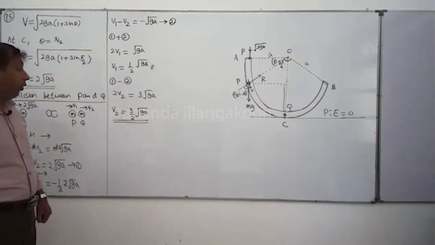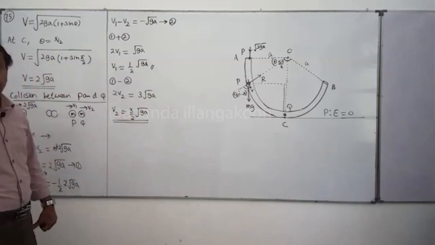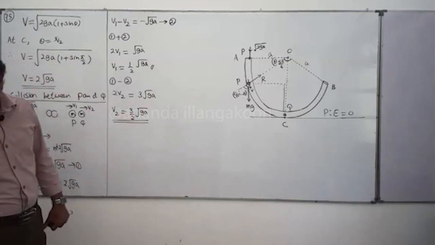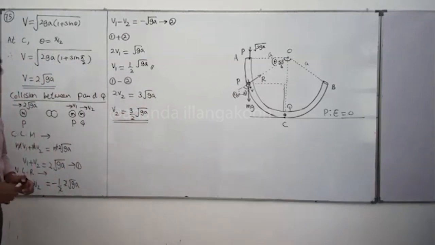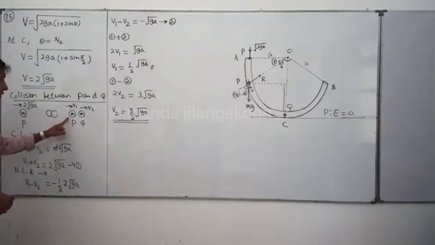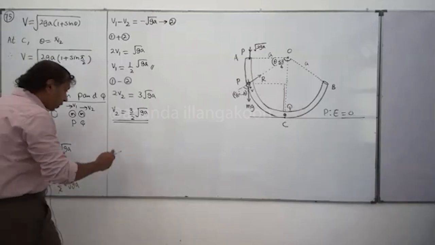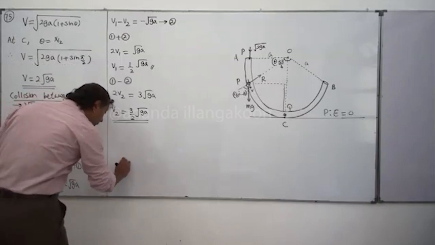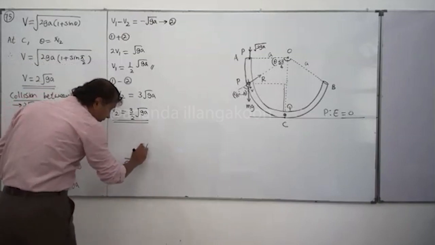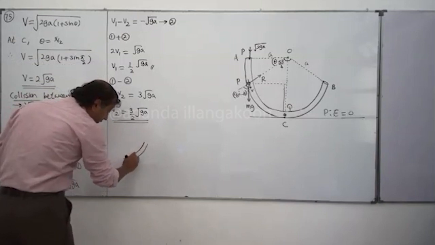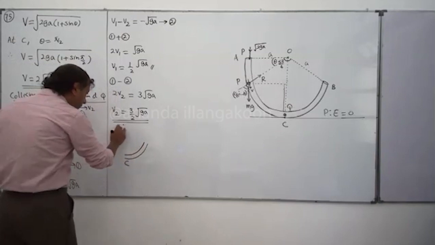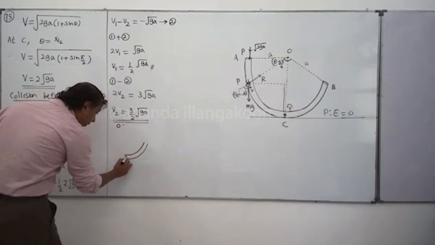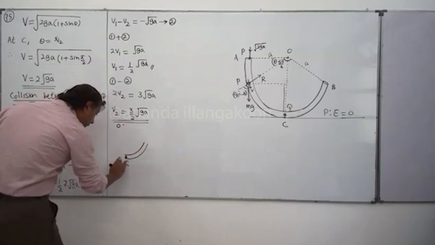Right. Now it is asking us to show that the particle P never leaves the tube. Particle P has the velocity V1 after the impact, right? So if I draw, this is the point C, this is the point O. Here particle P has the velocity V1 after the impact.